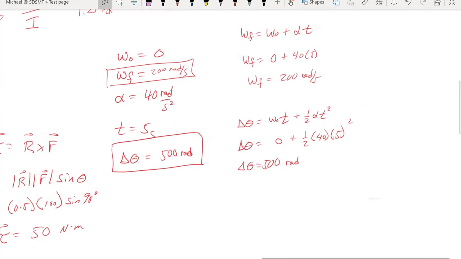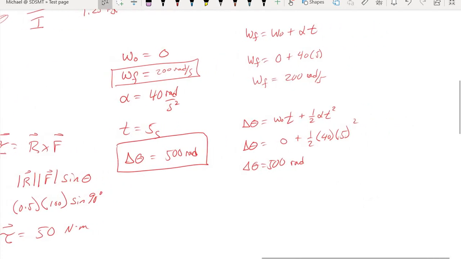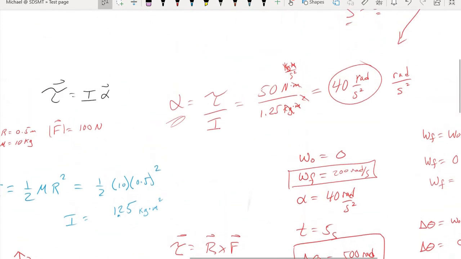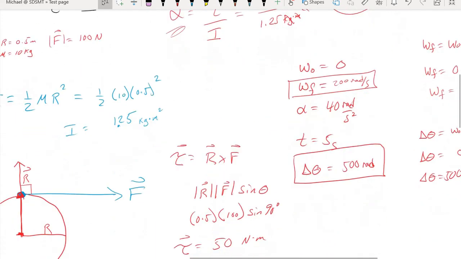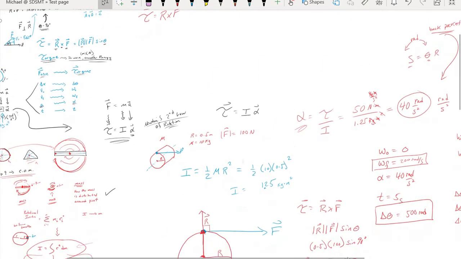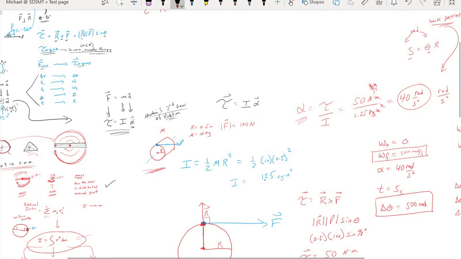And one more step. We have this cylinder which is rolling down the street. Where'd my cylinder go? Here it is. So we have this cylinder which is rolling down the street.